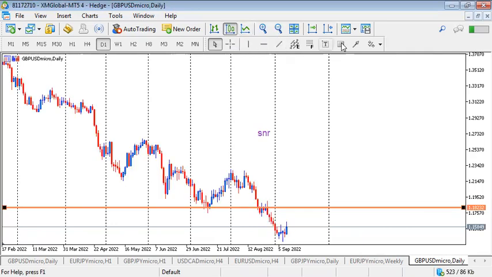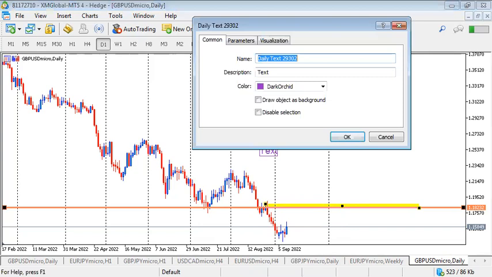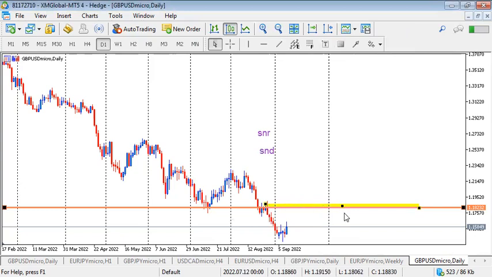We are looking for supply and demand. This is a drop. We have SND. Good. So we have the two ingredients for the pepper soup.